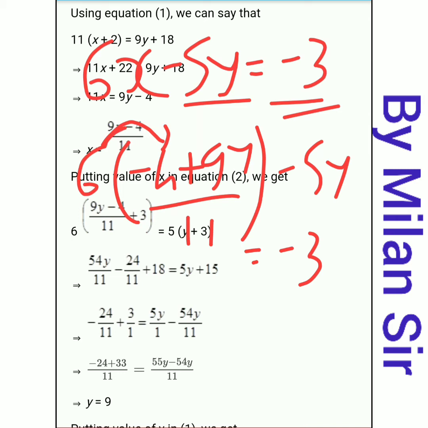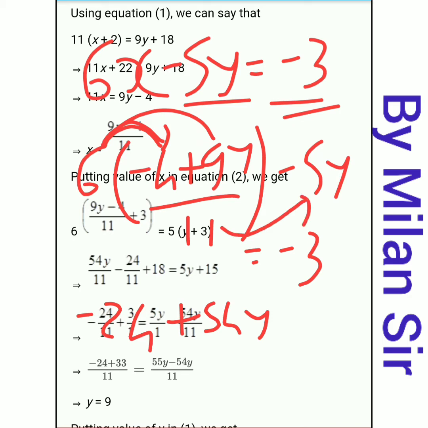So multiply this 6 with minus 4, it's minus 24. Then multiply 6 with 9y, it is plus 54y. Then LCM: this 11 is multiplied with this 5y, so 11 5s are 55y. Now we also take LCM on the right hand side. If we take LCM on both sides, then we do not need to write the denominator.